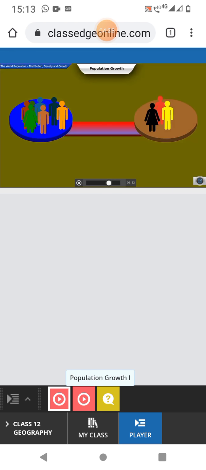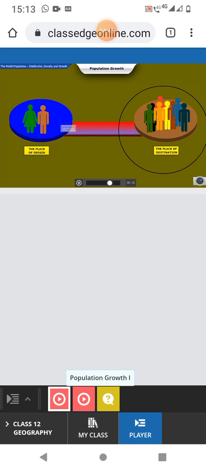The place from where they move is called place of origin, and the place where they move is called place of destination. Thus, population increases in the place of destination, whereas population decreases in the place of origin.